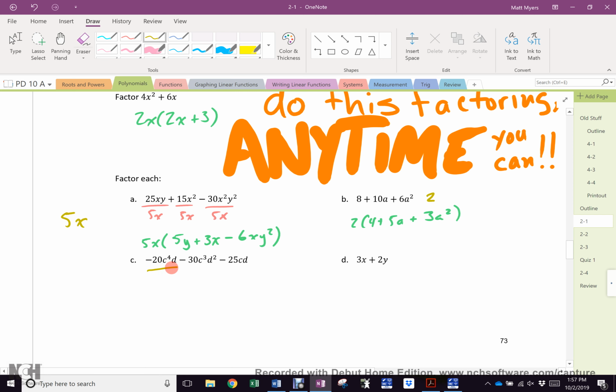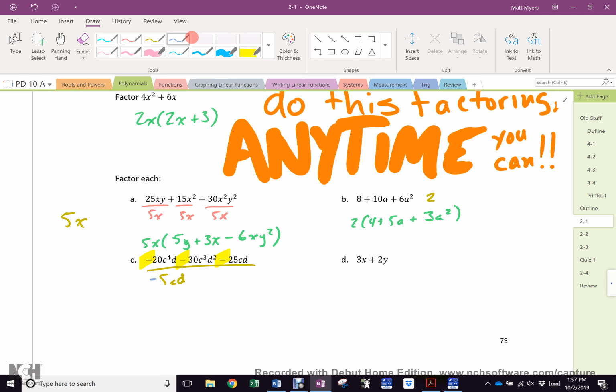So if you are not thinking and just following steps, greatest common factor must take out the biggest number, 5, C, D. But that would be wrong because there is a negative all the way through. So if there is a negative all the way through, math folk have agreed that you bring that negative out as well.